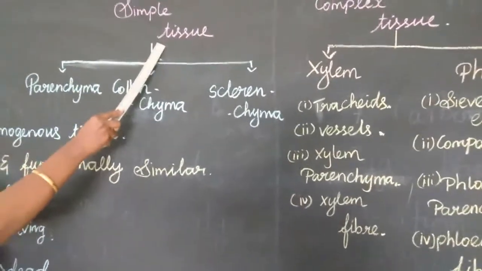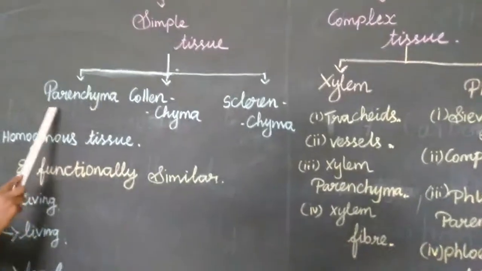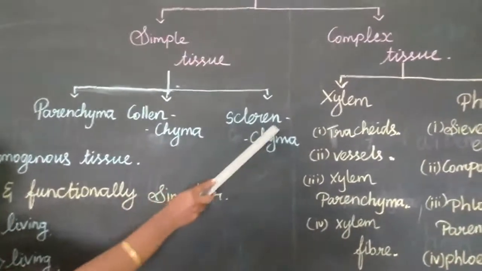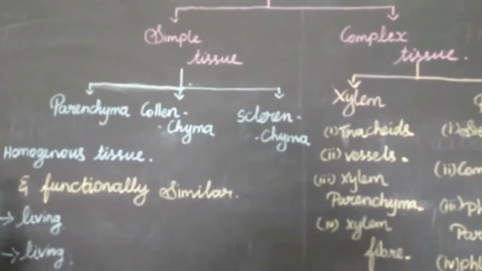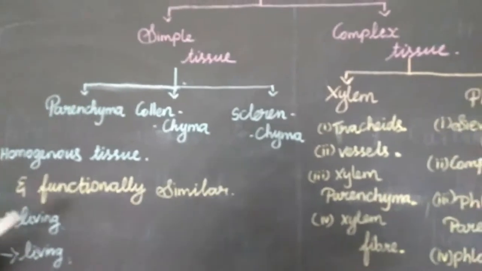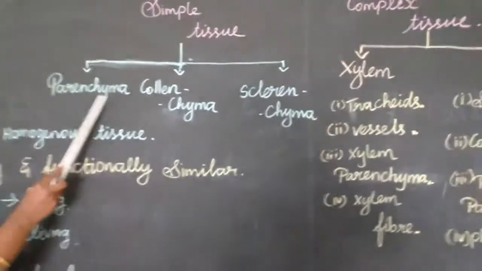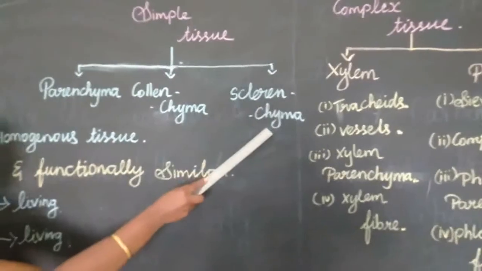Simple tissue is again classified into three types: parenchyma, collenchyma, sclerenchyma. The pronunciation is very important in biology, so I will pronounce again: parenchyma, collenchyma, sclerenchyma.